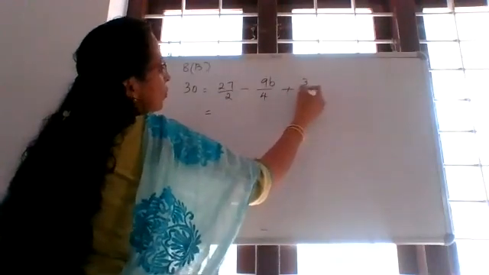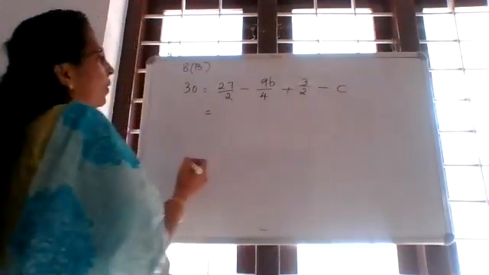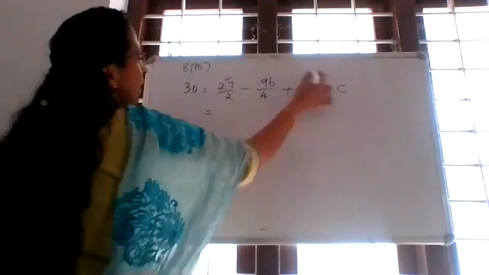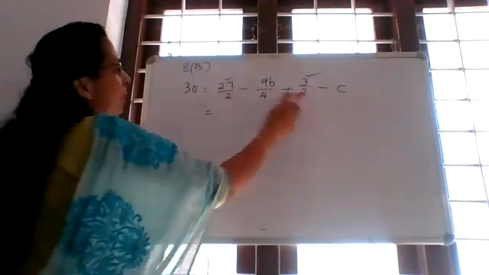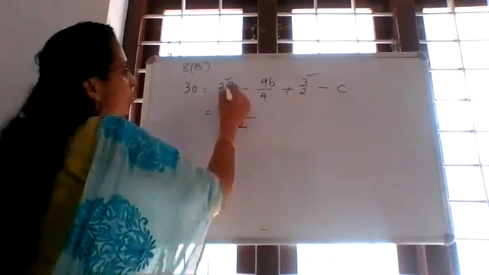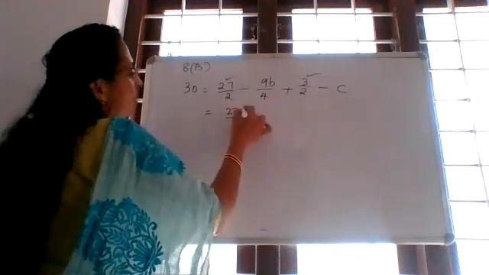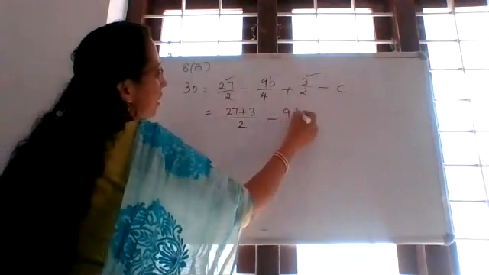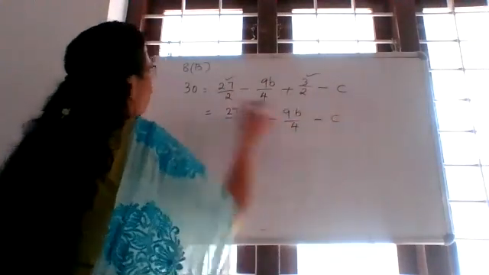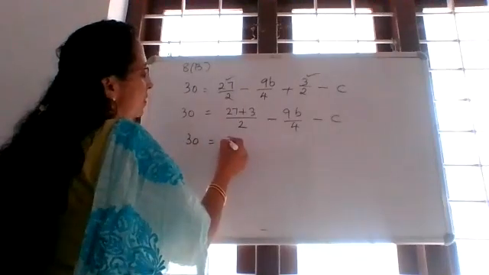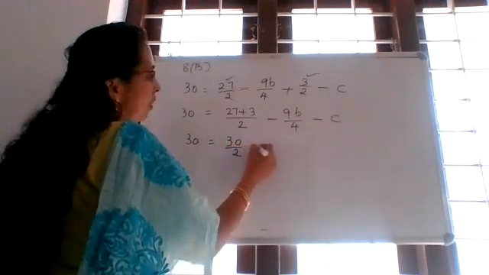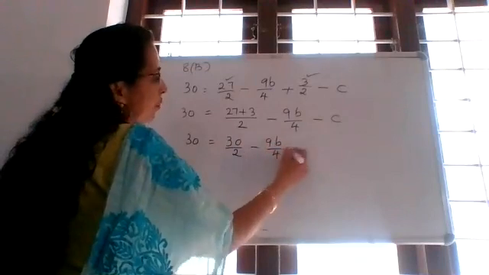So 27/2 and 3/2 have the same denominator, so 27 plus 3. So 13 is equal to (27 + 3)/2 = 30/2, minus 9b/4 minus c.